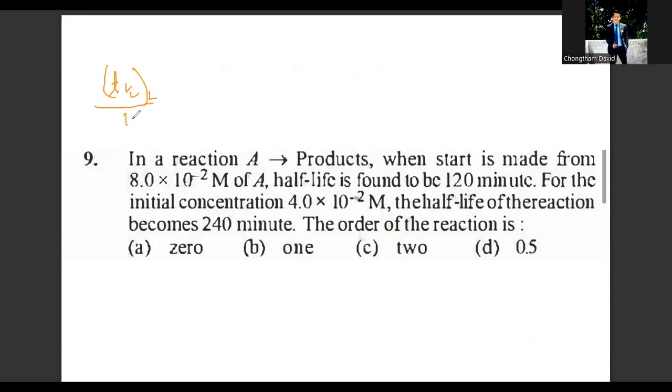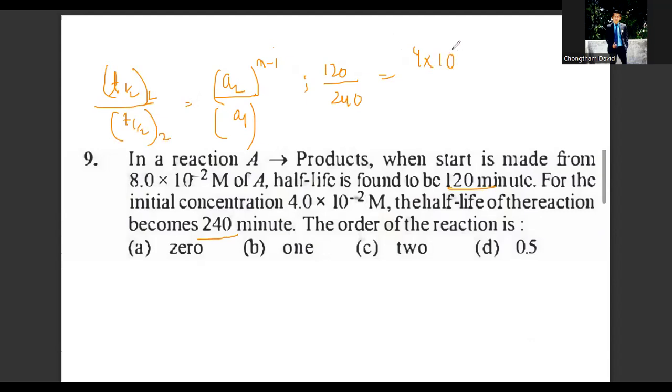Half-life, okay, let me take the ratio. The half-life for A1, A2. And since you have taken the ratio, you have to raise this to n minus 1. Now you equate this, 120 divided by 240, because it's given in the question, right? 120 minutes, and here you have 240 minutes.